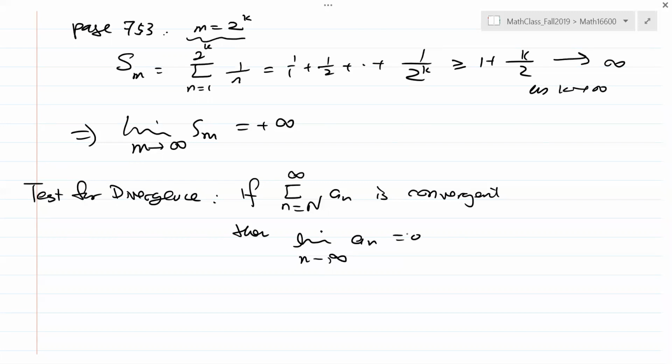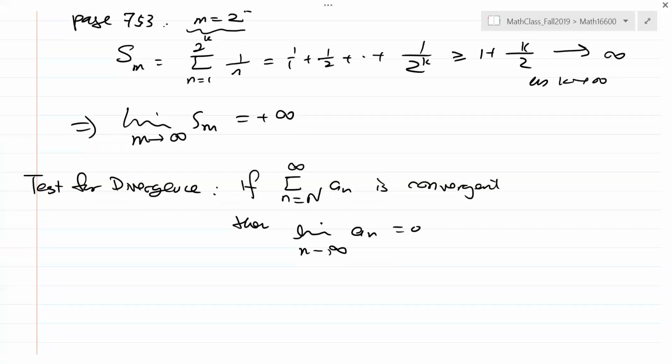Okay. Why is it called the test for divergence? Because when you find out the nth term does not approach 0, then it's divergent. But you cannot use that to prove the series is convergent. The converse is not true. If the nth term approaches 0, you cannot conclude the series is convergent.